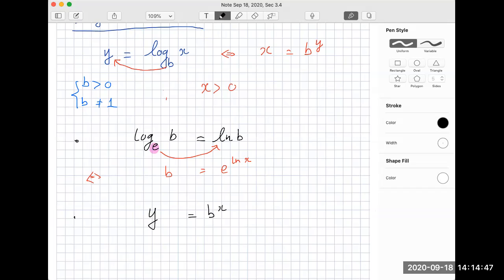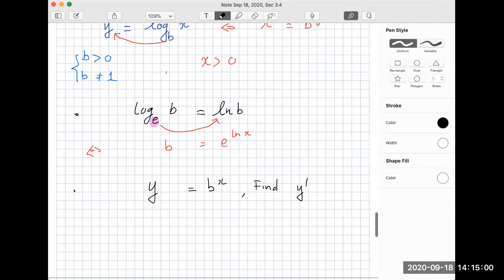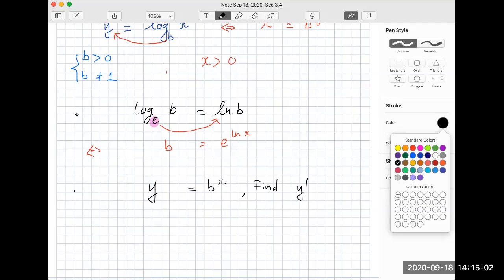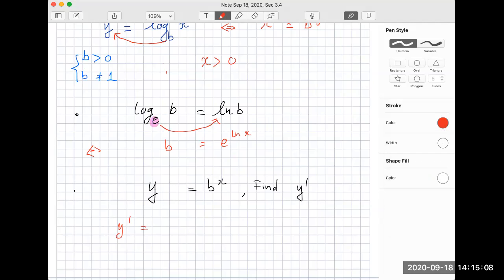We need to find the derivative of y with respect to x. Remember, can we write y prime equal to x times b to the x minus 1?